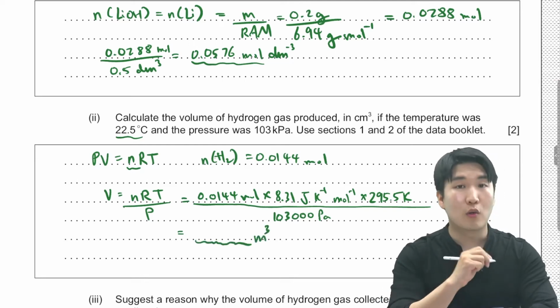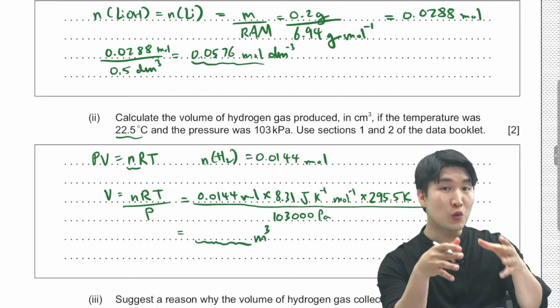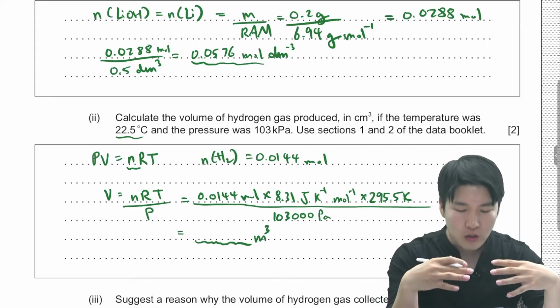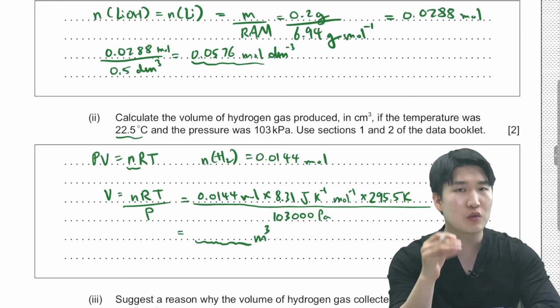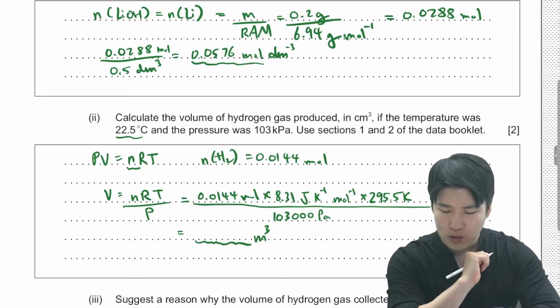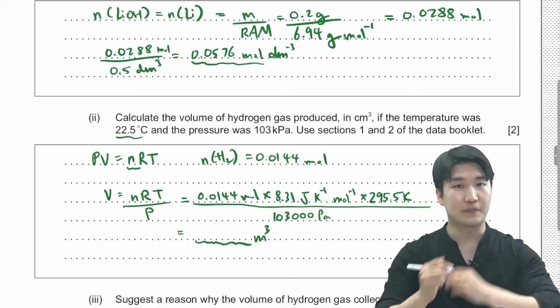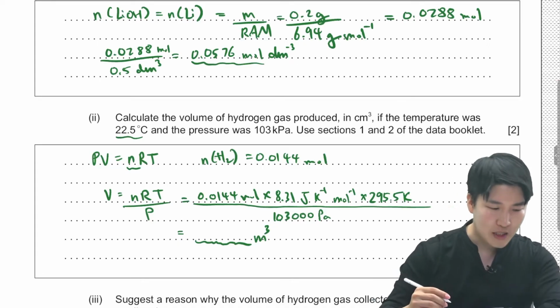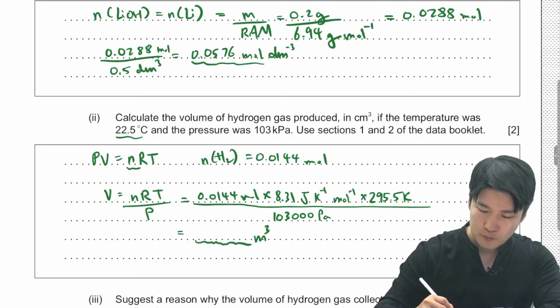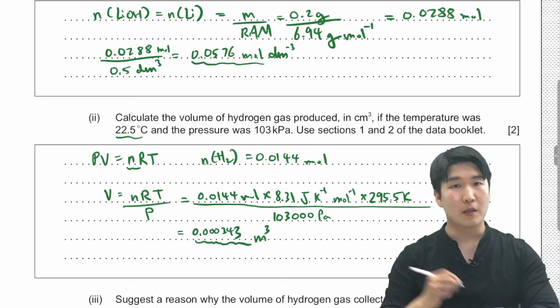meter cube. Why? Because that's the standard unit for volume utilized in PV equals nRT, provided we have used Pascal for pressure, not kilopascal. Do the math, and we'll be given 0.00343 meter cube.